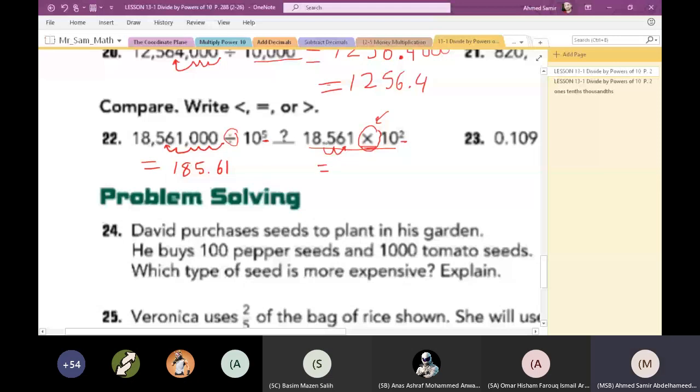We move the decimal point from between the 8 and 5, 2 spaces to the right, 2 digits to the right.